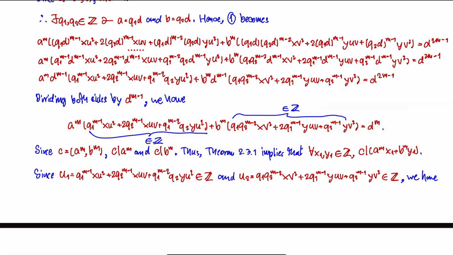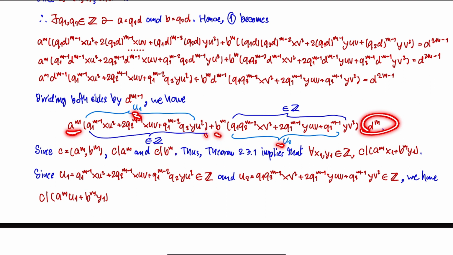That means that we're going to have c divides a to the m u1 plus b to the m u2, since now this term becomes u1 and this term becomes u2. a to the m u1 plus b to the m u2 equals d to the m, so this term right here must be d to the m.